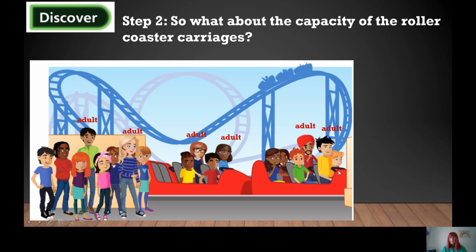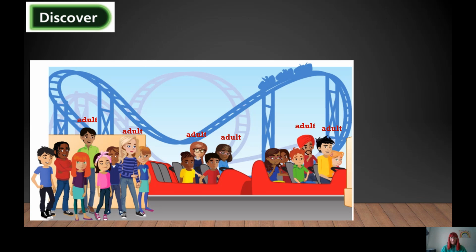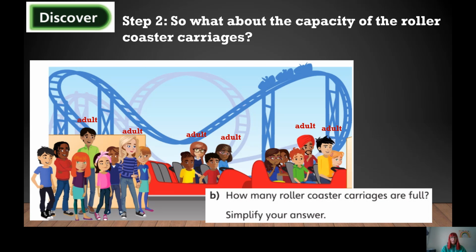So 6 out of 6 people are in that carriage, regardless of adult or children. In this carriage, however, it looks like there are 2 spaces, so there are 4 out of a possible 6 spaces. So in terms of the maths, let's have a look.